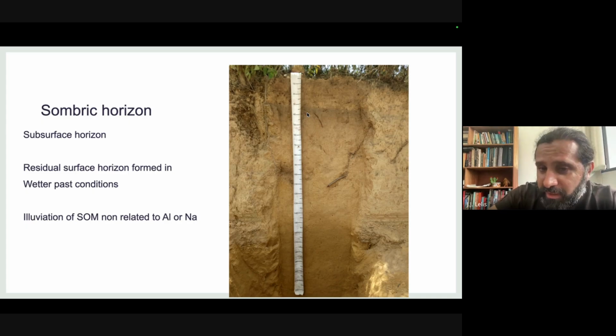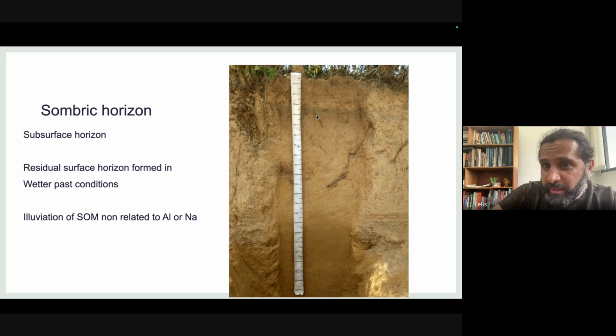And because of this, even after the climate change, you can preserve some organic matter. You can preserve some darkish colors. So some people say that the sunbreak horizon is evidence of a past thick and carbon-rich organic horizon or mineral horizon, but at least a horizon that was carbon-rich in the past.